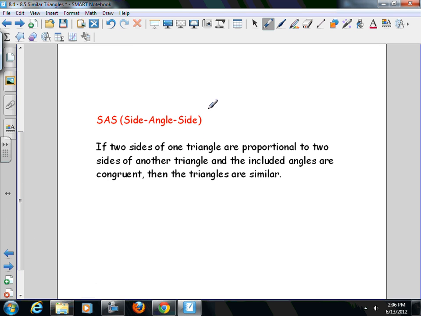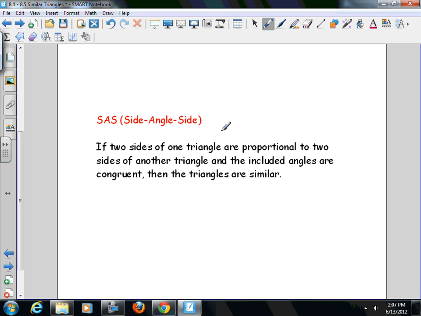Next, side angle side. If two sides of one triangle are proportional to two sides of another triangle, and the included angles are congruent, then the triangles are similar. We call that side angle side. These are probably ringing a bell because you're thinking of the ideas of congruence with side angle side and side side side.